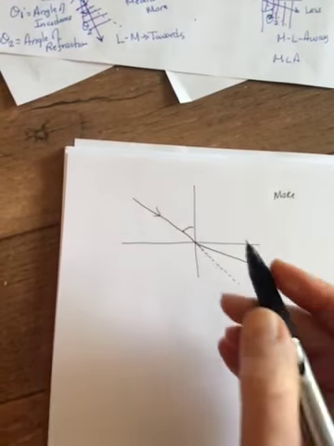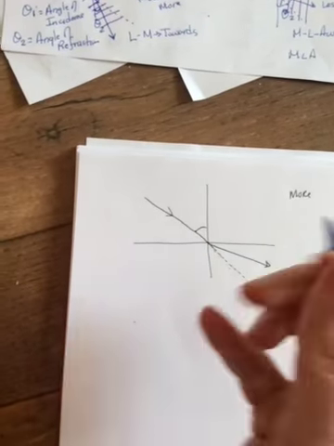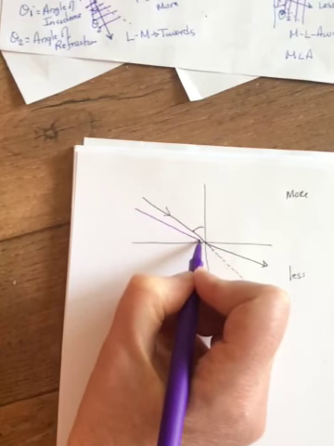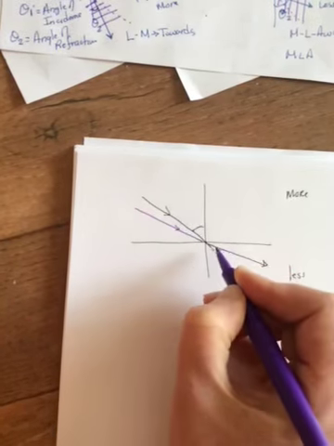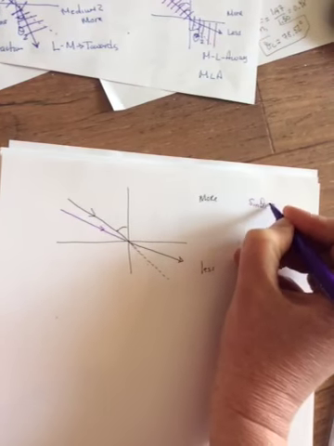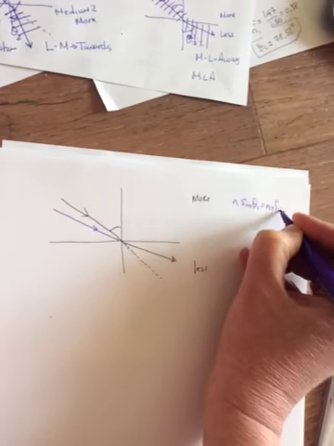Okay? So now my question is, what would happen if I made my angle of incidence bigger? Well, we know Snell's law, n1 sine theta 1 equals n2 sine theta 2.